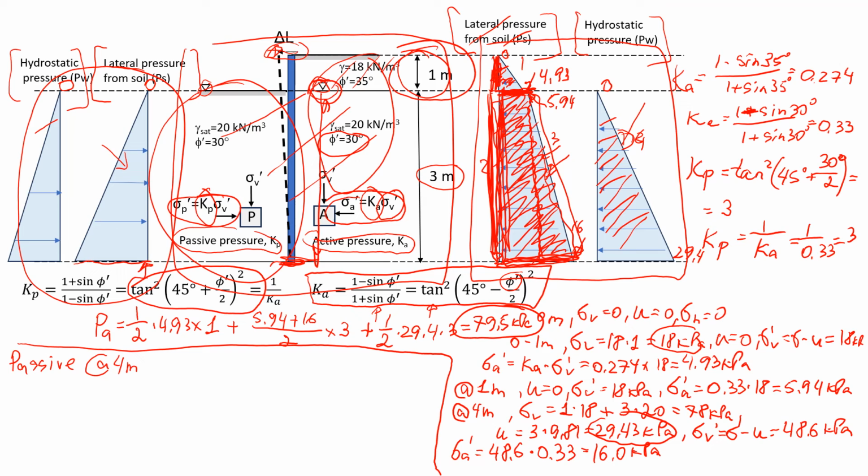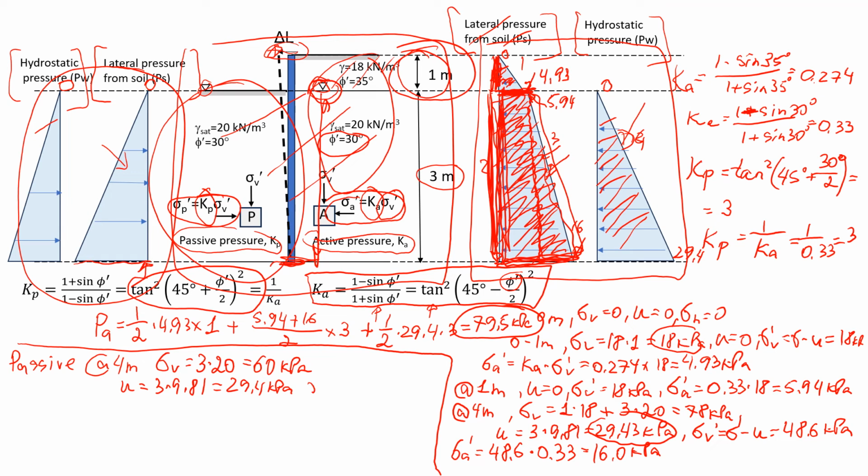In this case, the total vertical stress is 3 meters of soil, and soil has a unit weight of 20, so that will be 60 kPa. Pore pressure is 3 meters of water, 9.81, and that will give us 29.4 kPa.